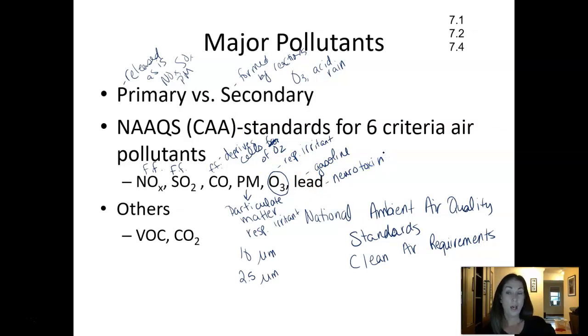Now, there are other types of air pollutants that you might hear about, and those are CO2. We'll talk about that. That is not technically an air pollutant governed by the NAAQS because there isn't direct human health harm from it. But CO2, as we're going to see, is an incredible greenhouse gas, and one that we'll talk about a lot in the future as being tied to our climate change. Now, others are VOCs.